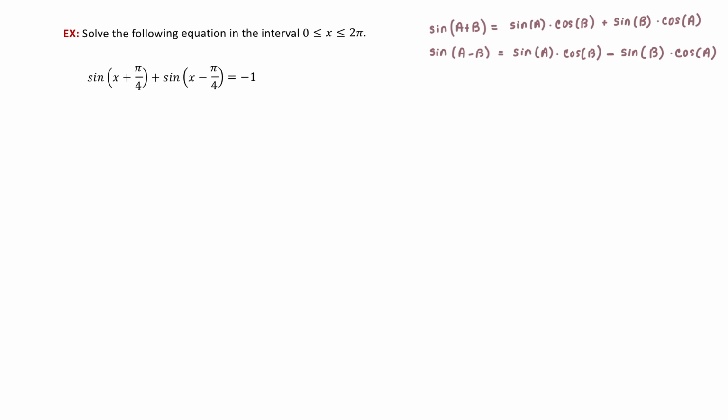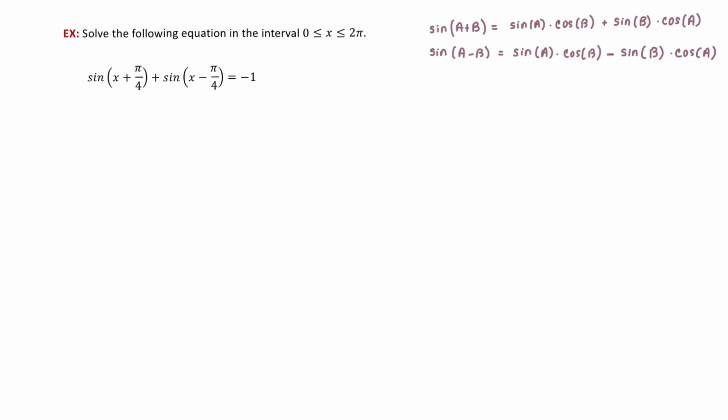Immediately I am thinking of these identities: the identity for the sine of the sum of two angles and the identity for the sine of the difference of two angles. Again, I am assuming that you already have knowledge of these identities, and I have another video in the channel that shows how to derive them.